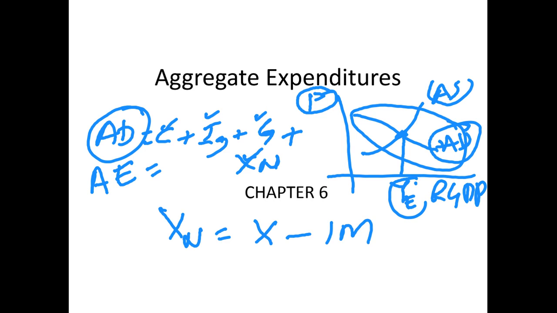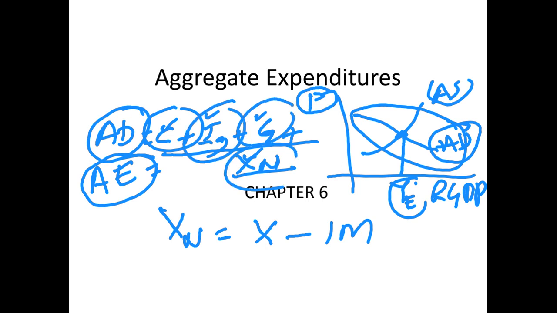Notice there's no price involved right now because aggregate expenditures are nothing but the summation of these four terms, that is consumption expenditure, investment, government expenditures, and exports or net exports.